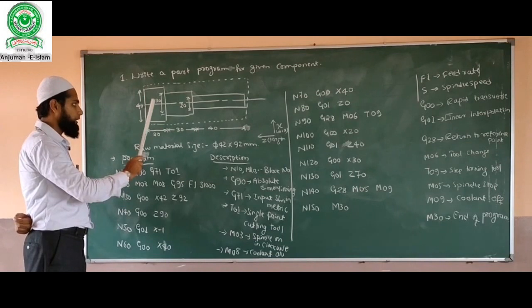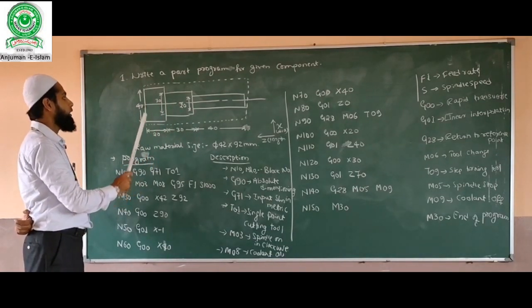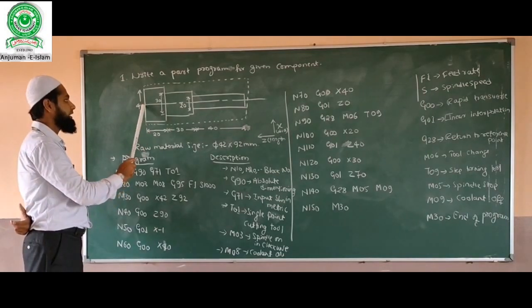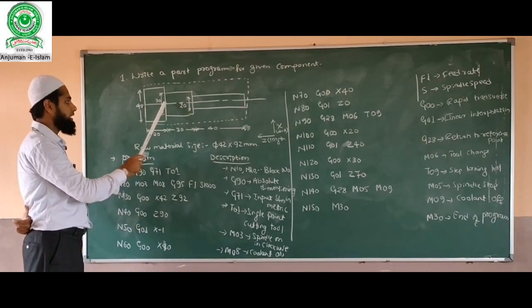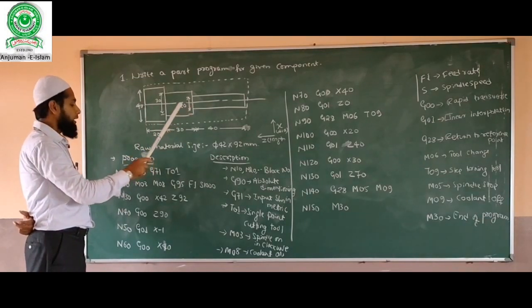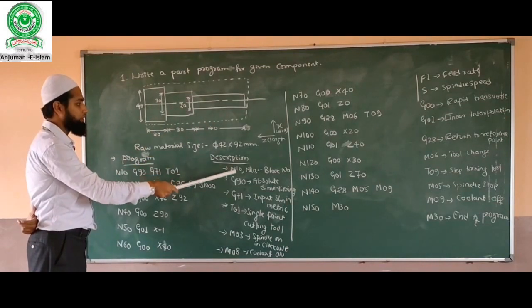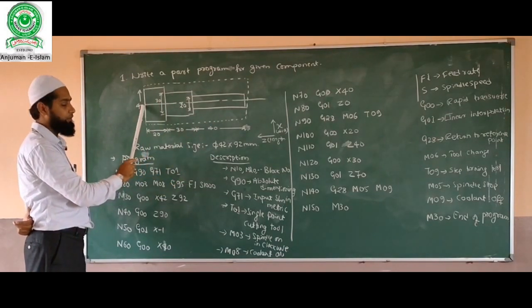Here the reference point will change. For example, if I give Z20 it will take from here. Afterwards if I give Z50 it will take here, it does not move another 50, because in absolute dimensioning it takes from this reference point.